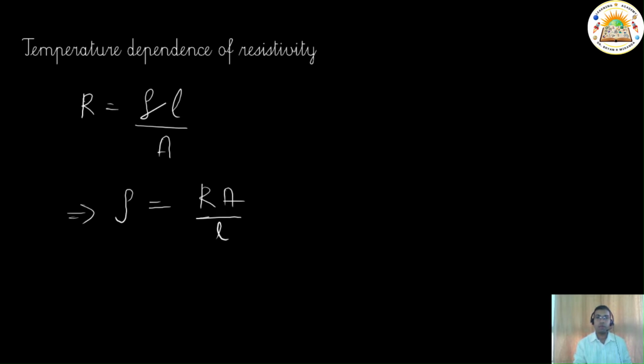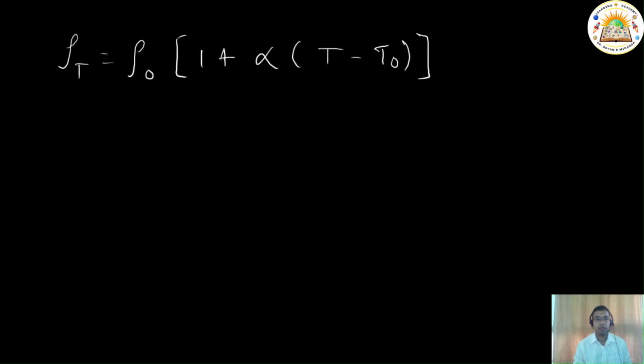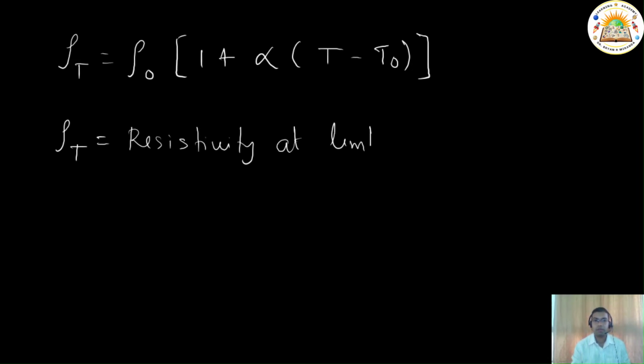For that, we will use the following expression: rho T is equal to rho naught of 1 plus alpha of T minus T naught, where rho T is the resistivity at temperature T and rho naught is the resistivity at temperature T naught.